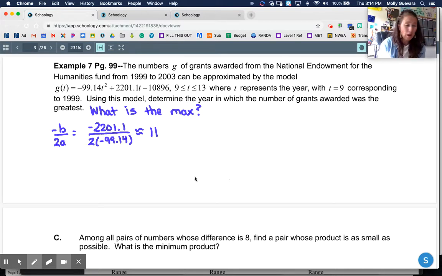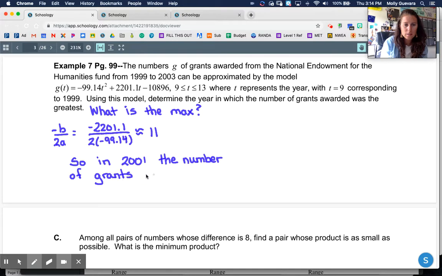It's about 2001, right? So in 2001, the number of grants was the highest.